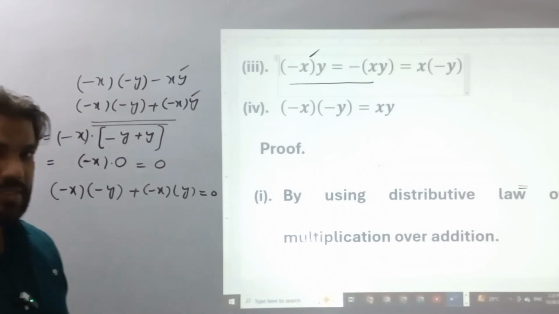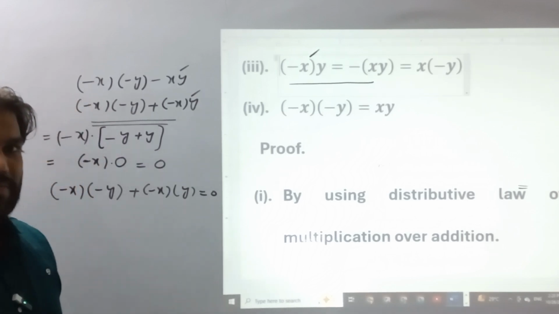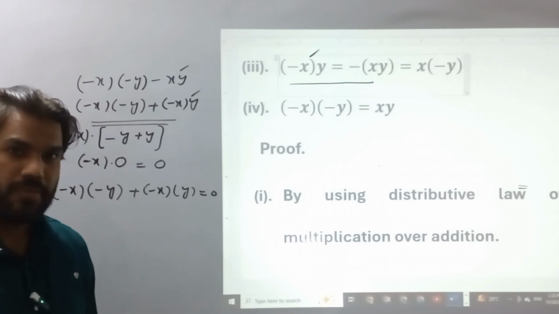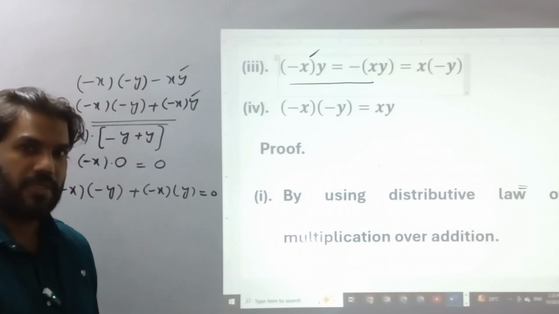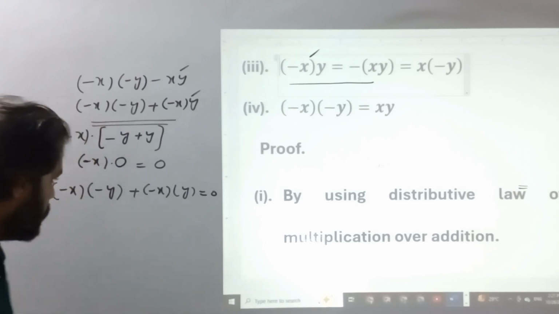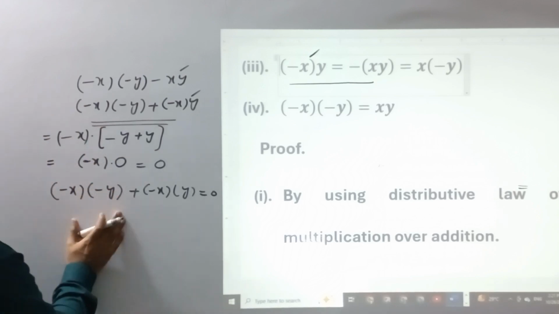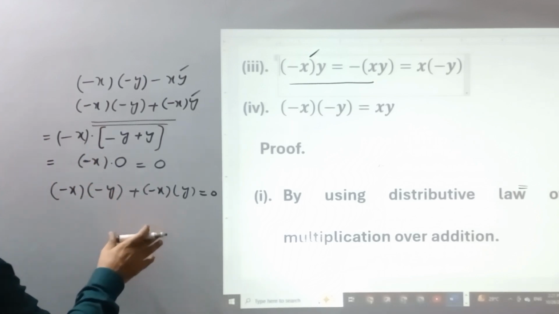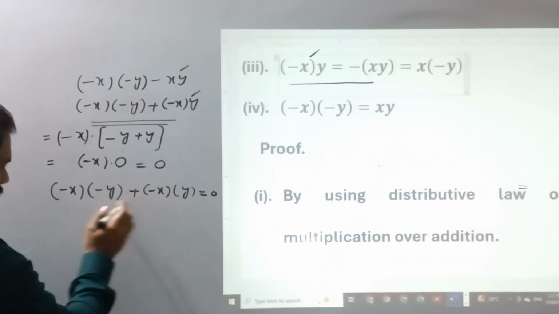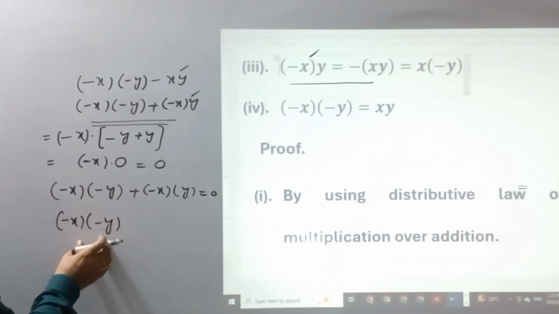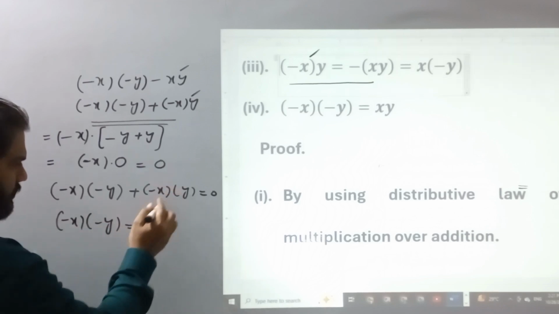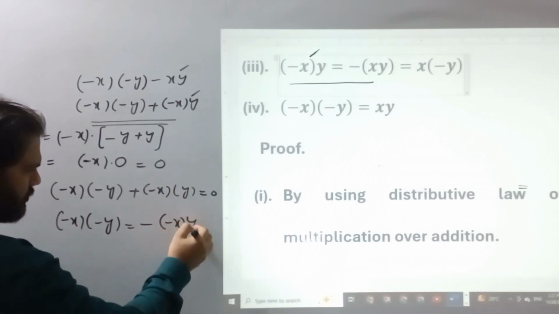Now again, by using the result, if the sum of two numbers is 0, then they are additive inverses of each other. That is, the second number can be written as the negative of the first. So here, because the sum is 0, these are the additive inverses of each other. So this number can be written as the negative of the remaining.